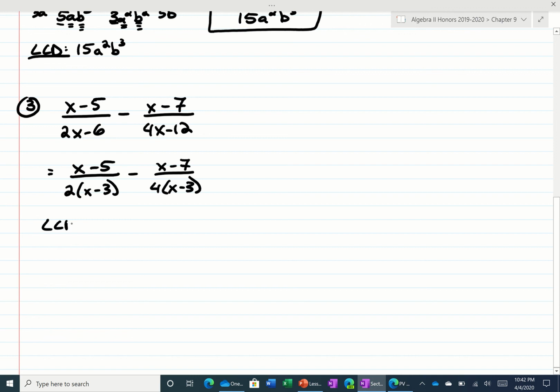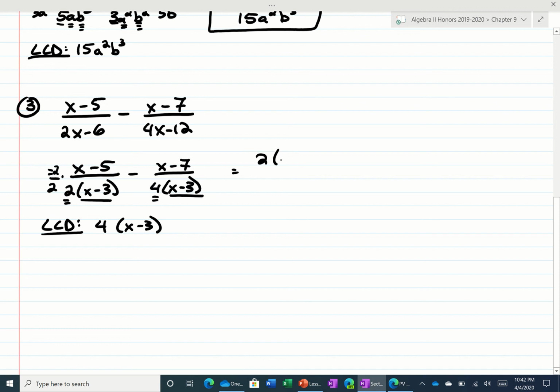Okay, so at this point, I know my least common denominator definitely needs an x minus 3. Both of them have that, so that's good. And then between 4 and 2, what would be the least common denominator? 4. So I need to multiply the one on the left by 2 over 2.